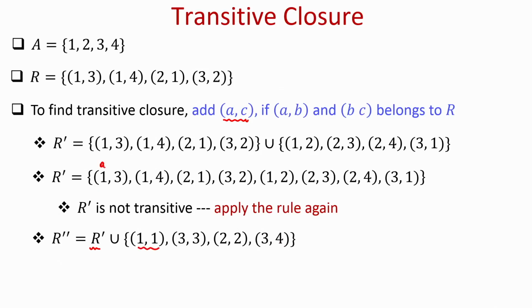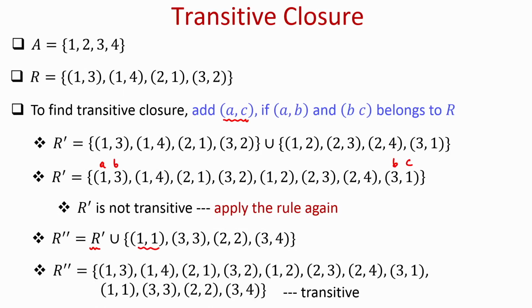Because I have A B here and B C here, but A C, namely 1 comma 1, is not present in R prime. I call this expanded relation R double prime, and now you can check that R double prime is indeed satisfying the transitivity property.